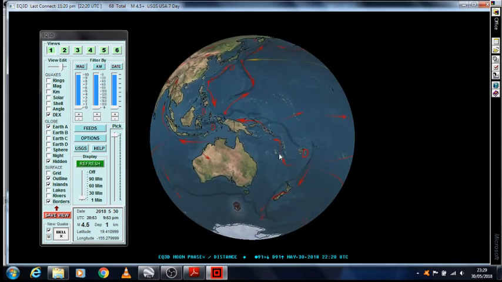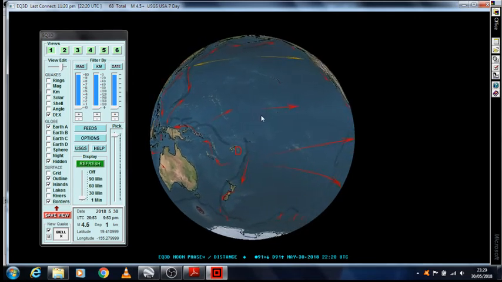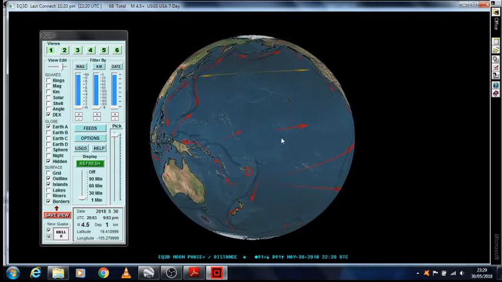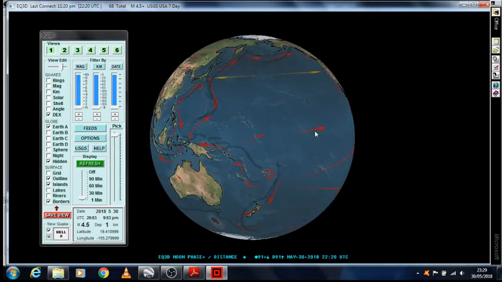Now, I think a lot of viewers know where Fiji is, but if you're new, Fiji is this tiny island north of New Zealand, and we have a letter D right next to it. The letter D means where deep earthquakes regularly happen, and there are a few around the planet, but we're going to choose Fiji because it's where it's most common, it seems.